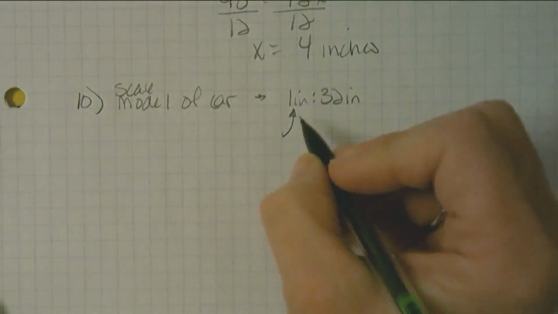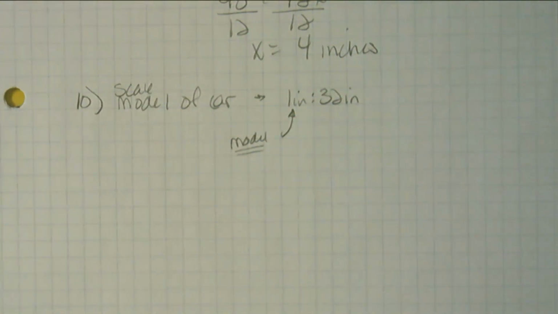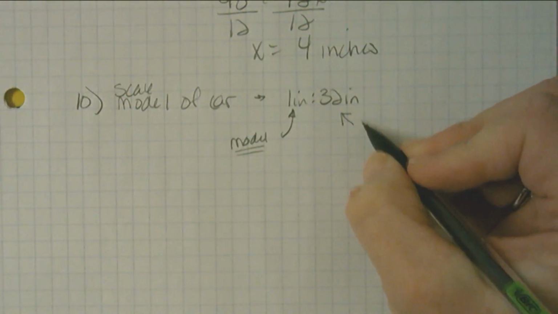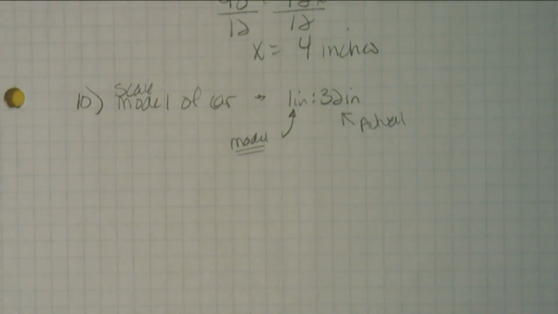All right, so we know that 1 inch is the model measurement. That 32 inches is the actual. Even though they're the same unit, that is always how it's set up. The 1 inch or the 1 centimeter, that 1 is always your blueprint or your model or your map. The other one is always your actual.